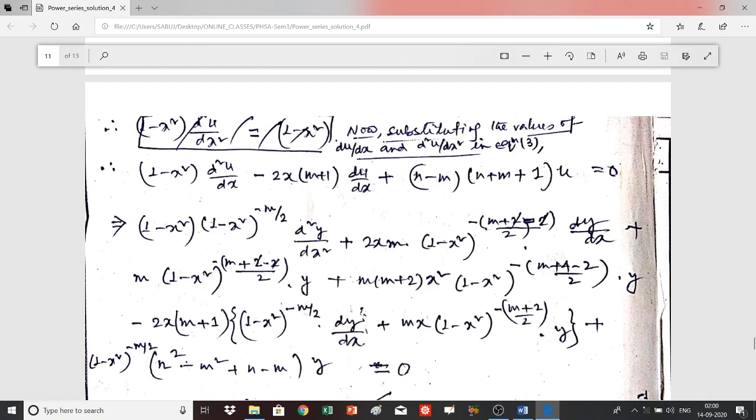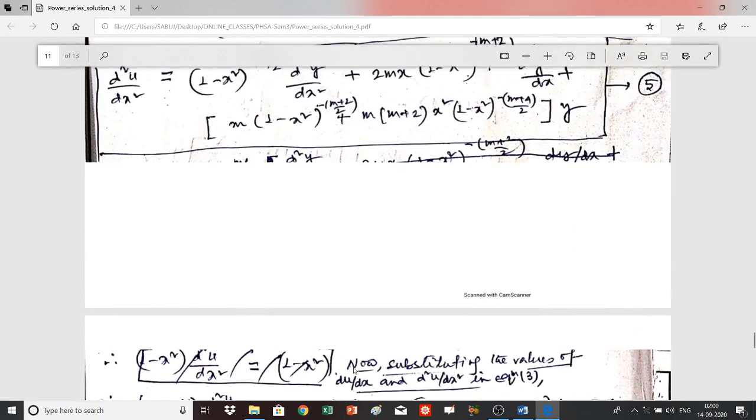For this term, you substitute dy by dx. So minus 2x (m plus 1) into (1 minus x square) to the power minus m by 2 dy by dx, plus mx (1 minus x square) to the power minus m by 2 into y, plus the last term (1 minus x square) to the power minus m by 2 times (n square minus m plus n minus m) into y is equal to 0.